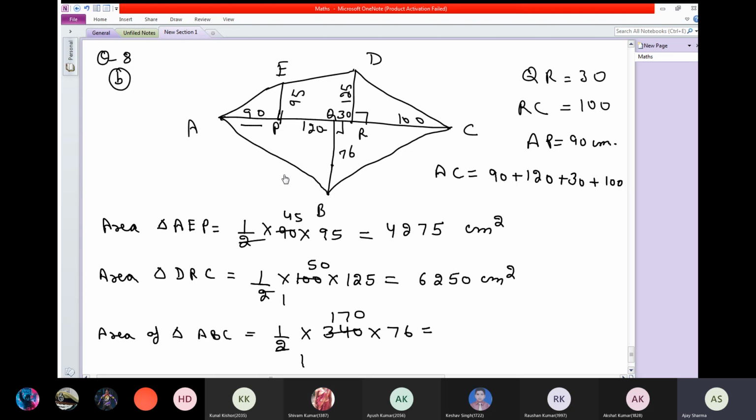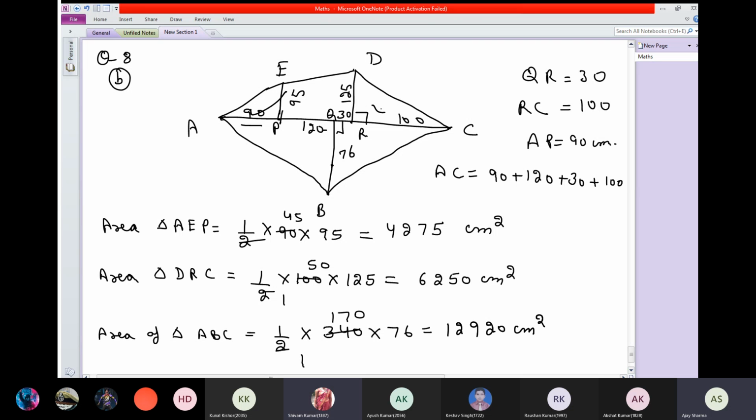Just tell me the answer after multiplying. 17 multiply by 76. 12,920. That's right. It will be 12,920 centimeter square.